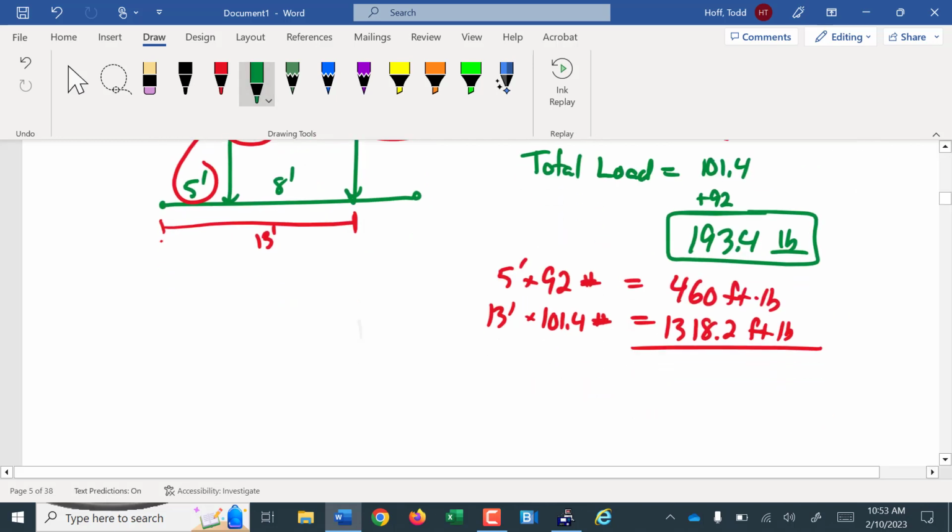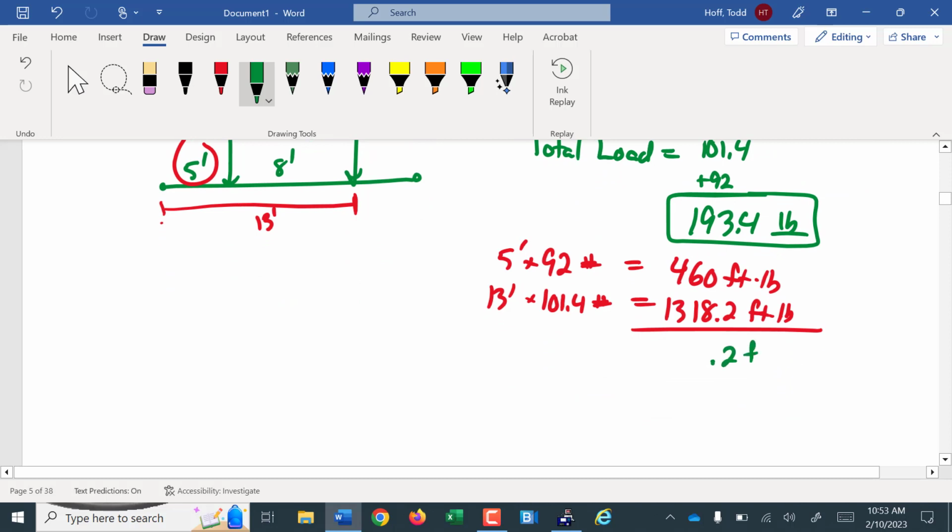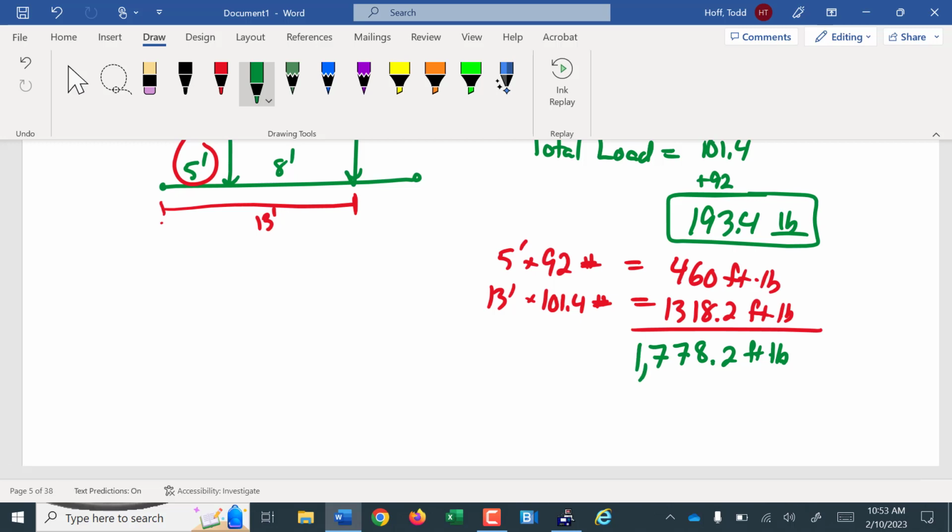We add those together. Perfect, 1778.2 foot-pounds. And then what do we do? Divide by the total of 193.4 pounds. What does that give us for feet? So 9.190 feet.